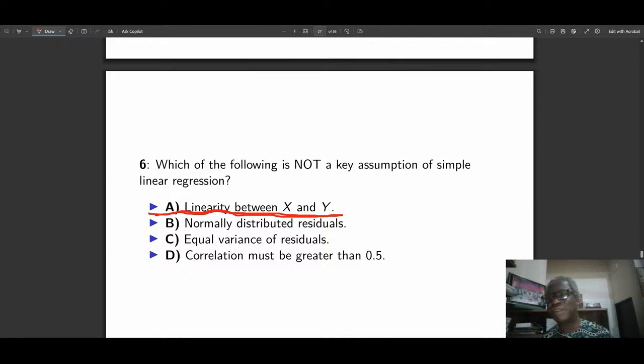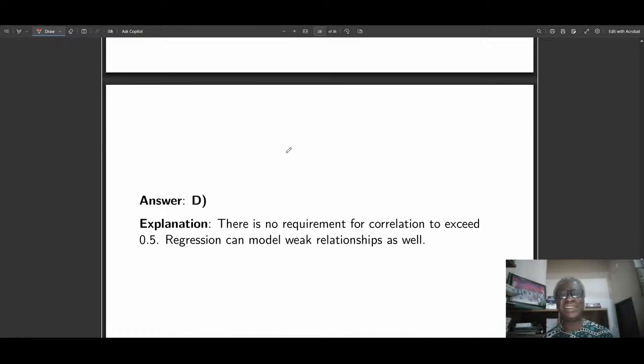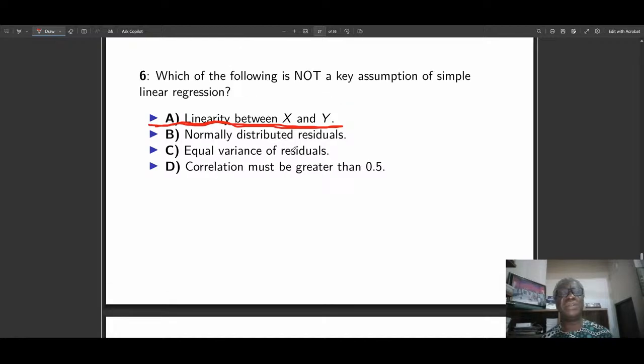People have not responded to 6. I can still see most people responding. Okay. So for 6, which of the following is not a key assumption?